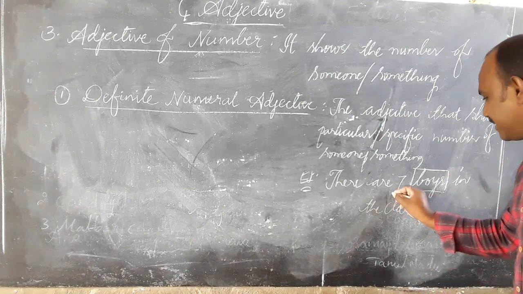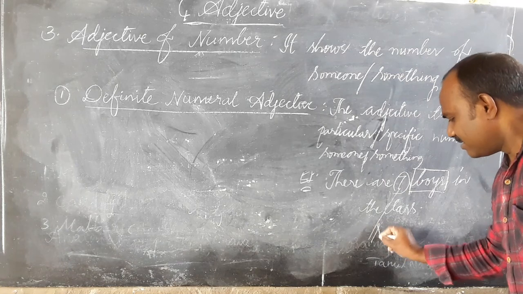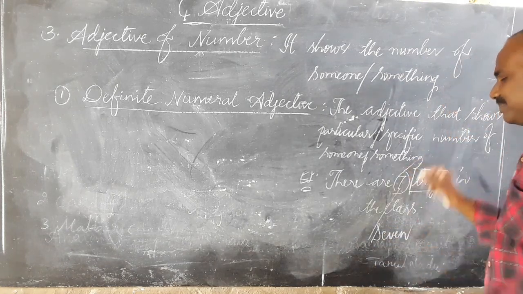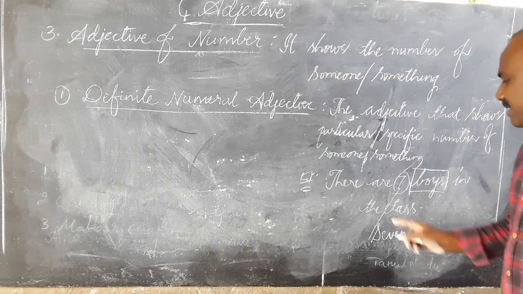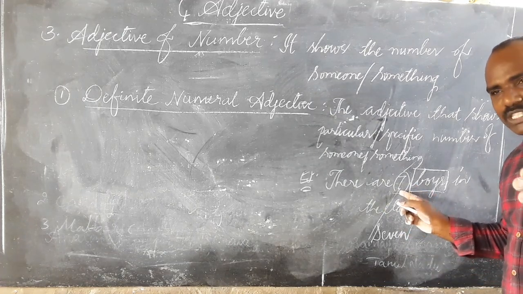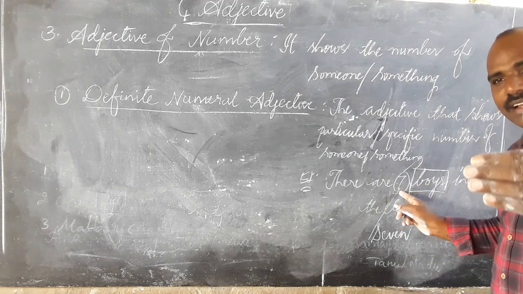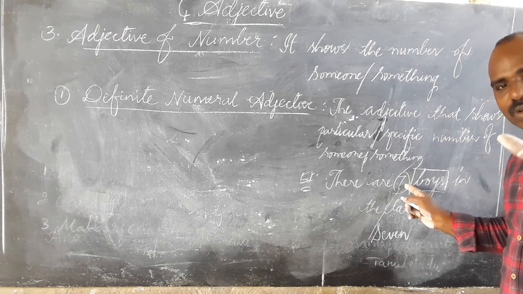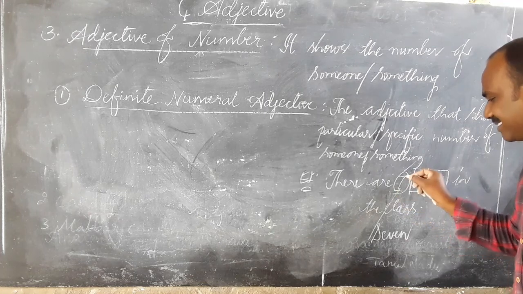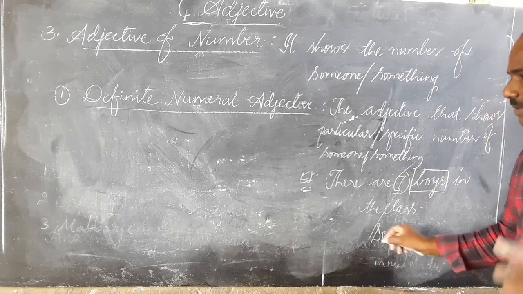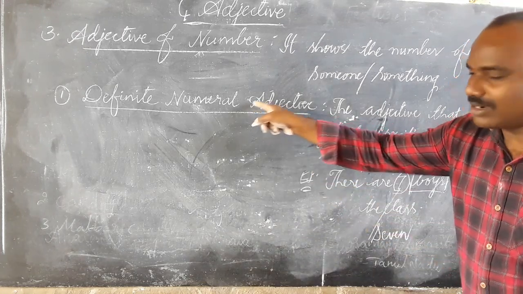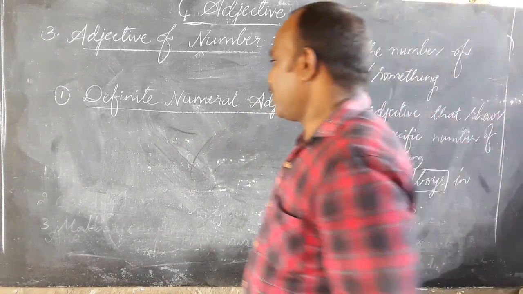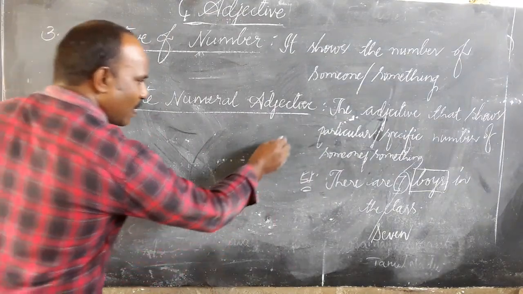We can write the number also, cardinal or ordinal. See, this word, we are specifying how many students are there in the classroom. 7 members. Here we are specifying a particular number of students. Then this 7 can be a definite numeral adjective. Right? And we'll see the second one.